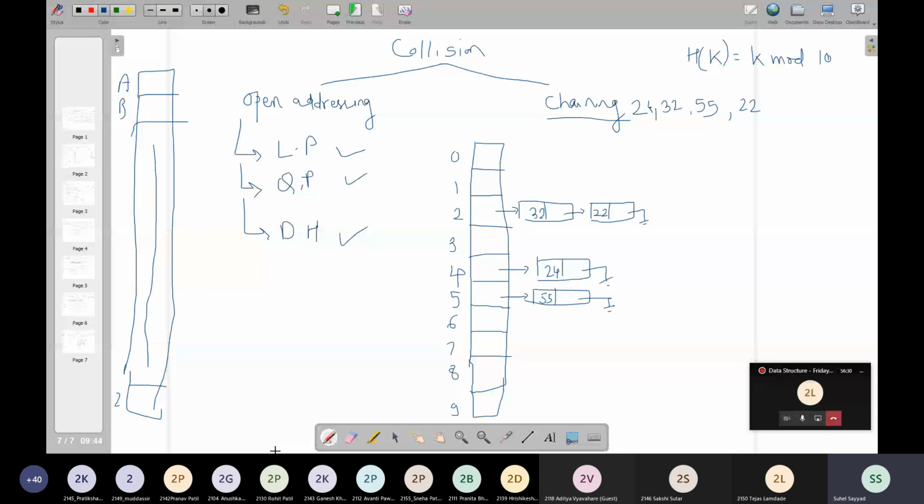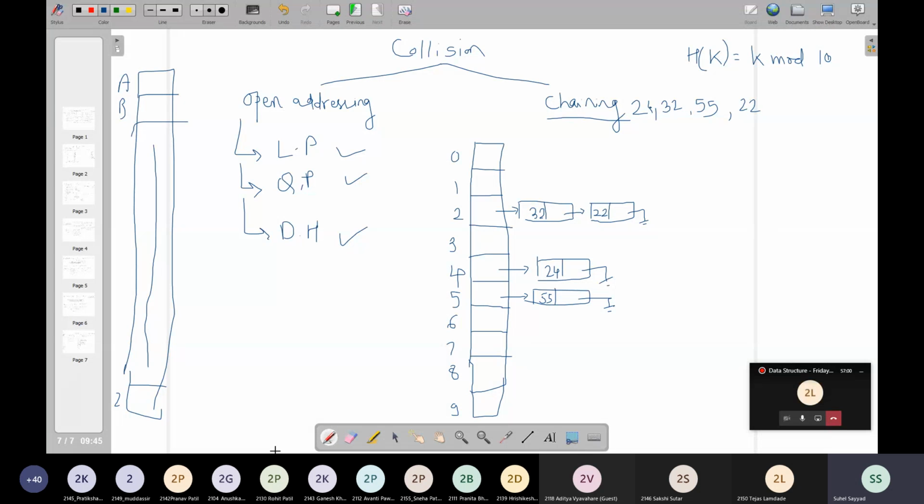So hashing is the best searching technique. If I compare only linear and binary, binary is best. Is it clear, students? So with this, we have completed the searching techniques.